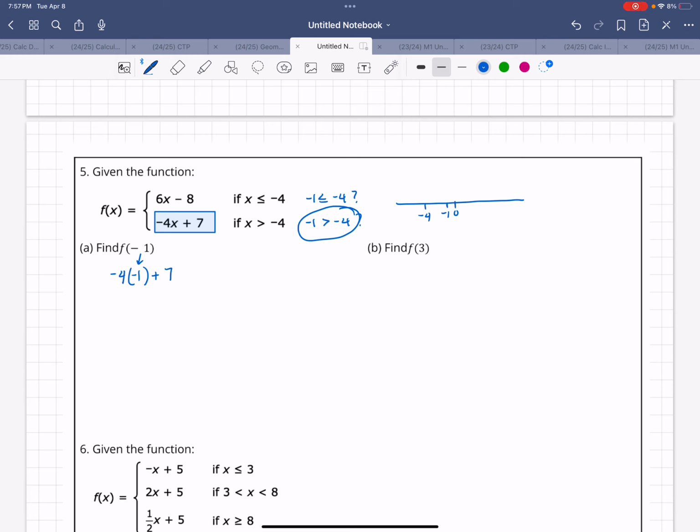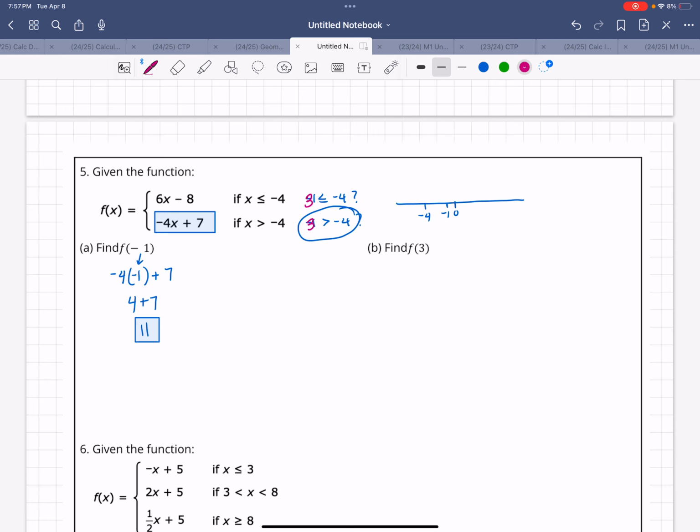Use a calculator or mental math to simplify. -4 times -1 is a positive 4. 4 plus 7 is equal to 11. Let's look at this next piece. It's f of 3. Again, your question is: is 3 less than or equal to -4, or is 3 greater than -4?